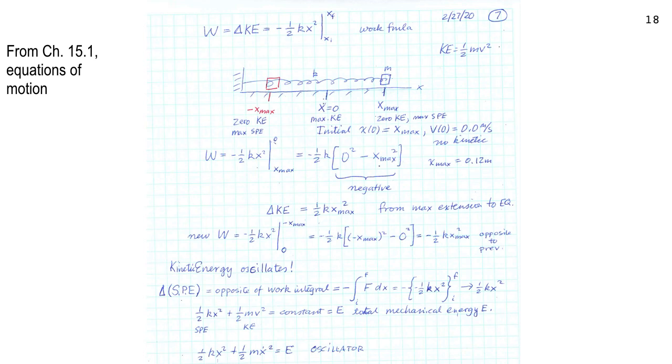And this constant is known as the total mechanical energy, E. That is a constant of the motion. We call it a conserved quantity.